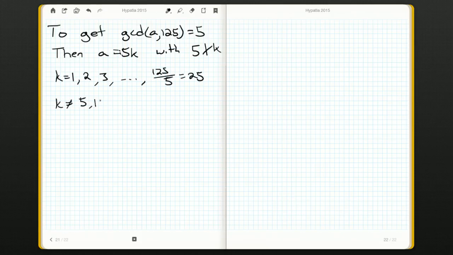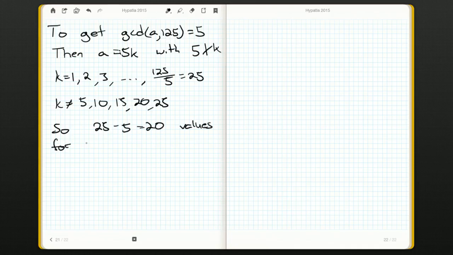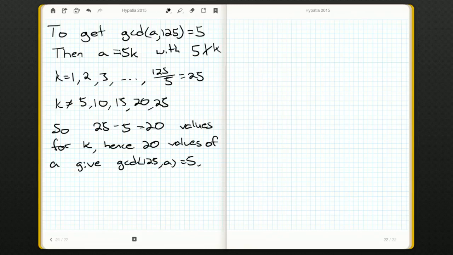So k can't be 5, 10, 15, 20, or 25. So there are 25 minus these 5. So we're going to have 20 values of a give us 5. So that means 20 copies of 5.